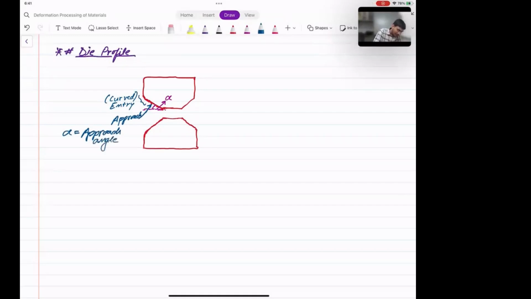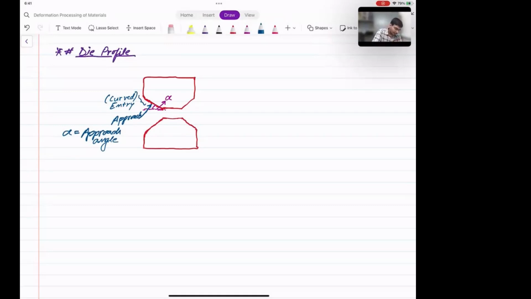Okay. The surface which is in contact with the billet is known as the bearing surface, and sometimes it is coated to reduce the friction because there will be a lot of friction when the billet passes through it.